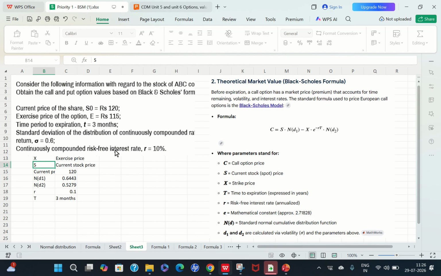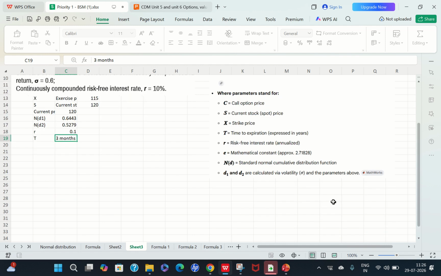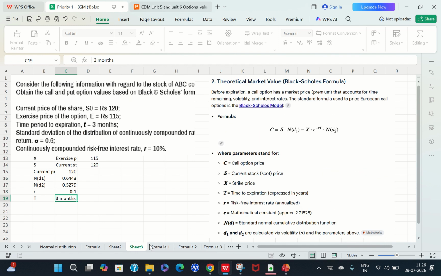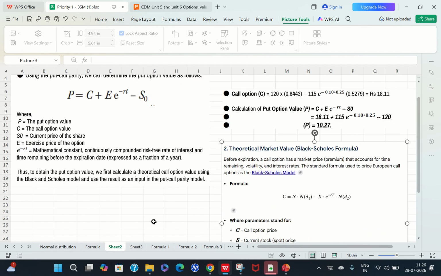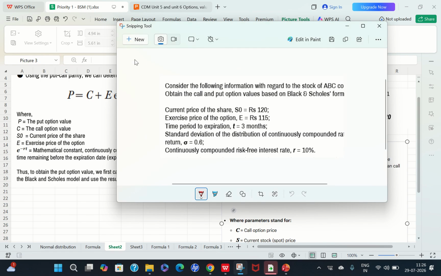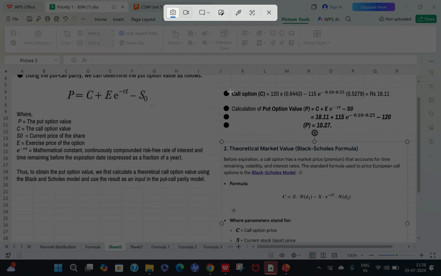S is the current stock price. All these data are given. As far as the sum is concerned, the current stock price is 120, the exercise price is 115. We need to just substitute it and find out the answer. This is all forming part of the 10 marks problem. So taking those factors into consideration, let us substitute it.